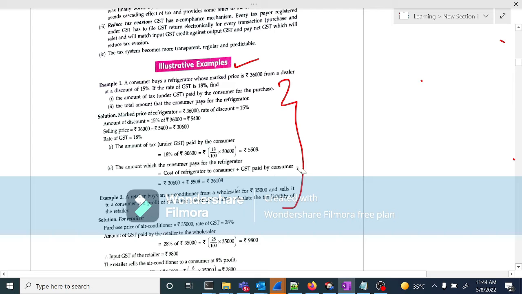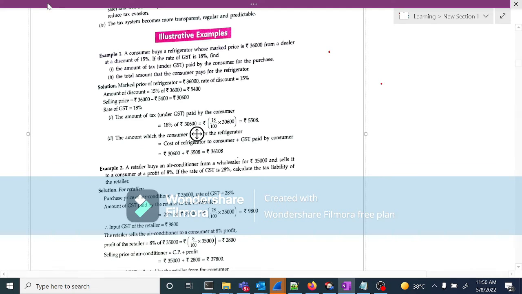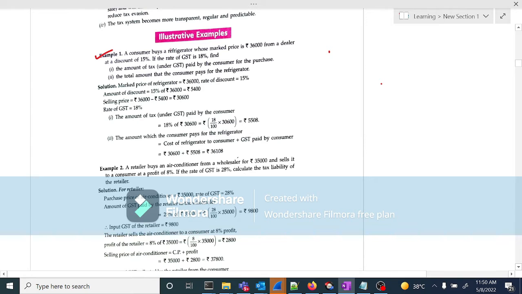So we'll solve examples one by one now. So here comes our first example, right? What it says: a consumer buys a refrigerator whose marked price is 36,000, right? From a dealer at a discount of 15%. So there's a discount. Cool.